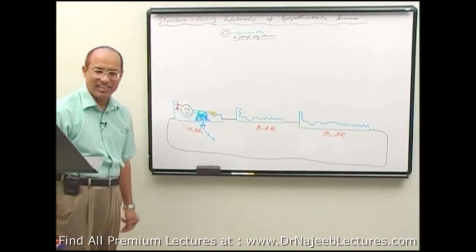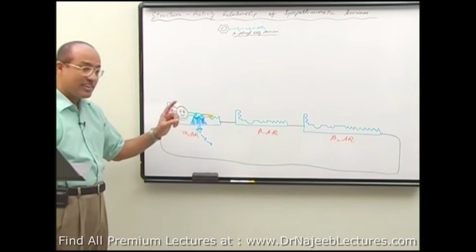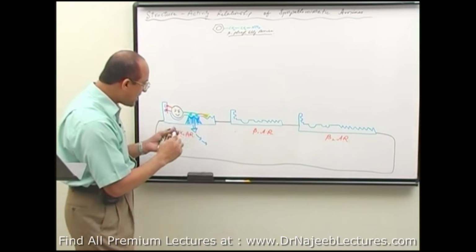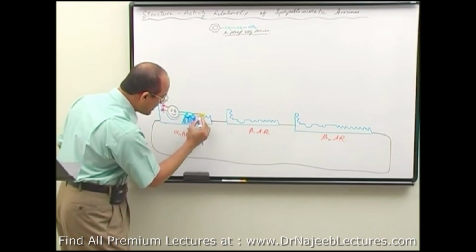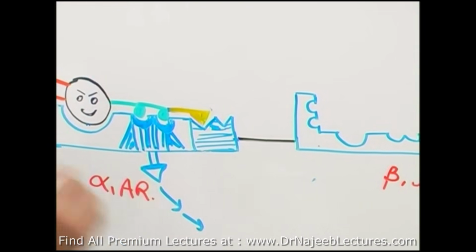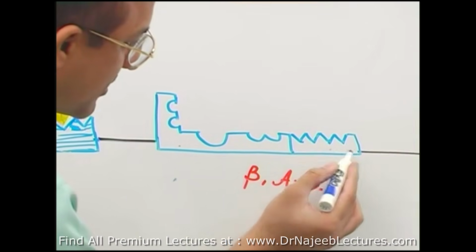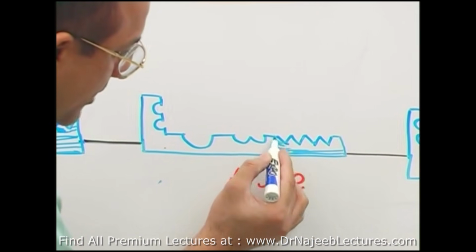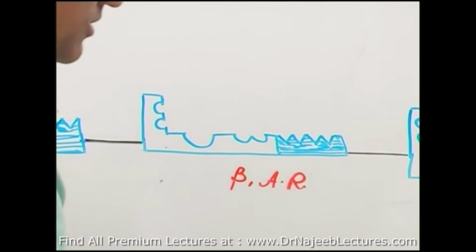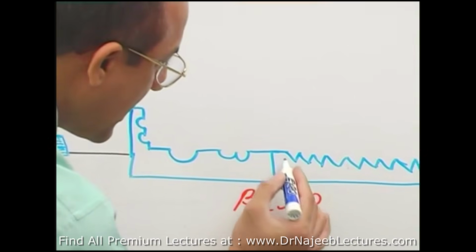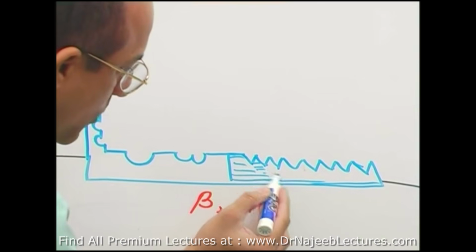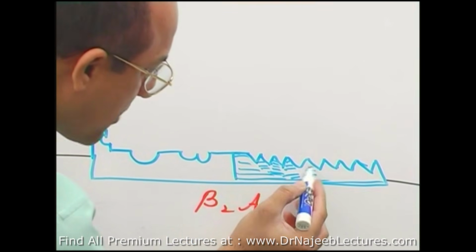Where is the difference in them? The difference is in the points of the receptor where the amino end binds. The alpha receptor has a small area where the amino end binds. The beta 1 receptor has a larger area where the amino end of the drug binds, and the beta 2 receptor has a very large area where the amino end of the compound will bind.